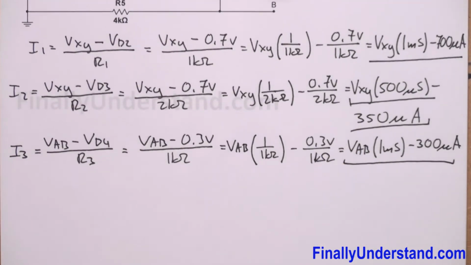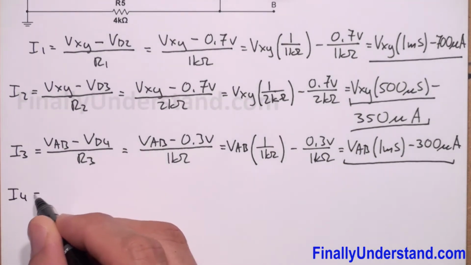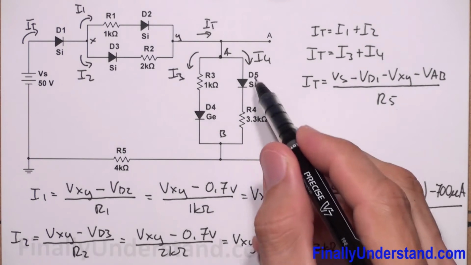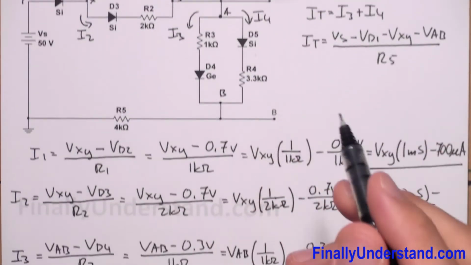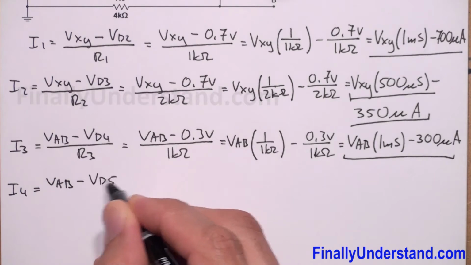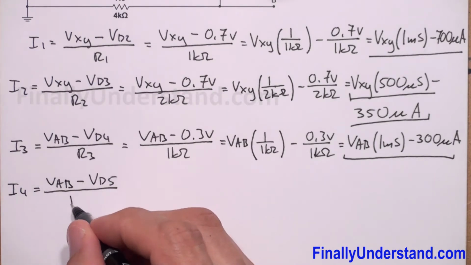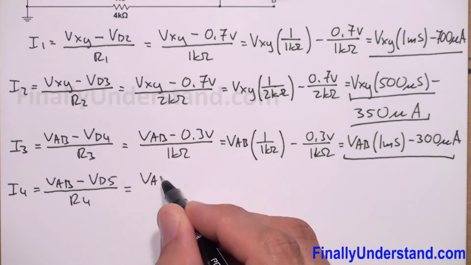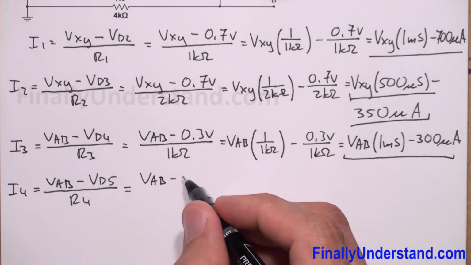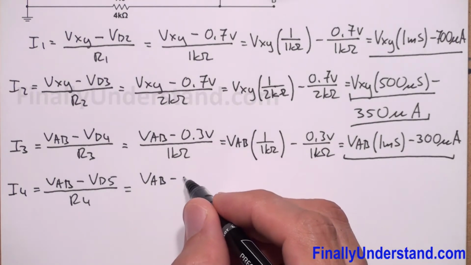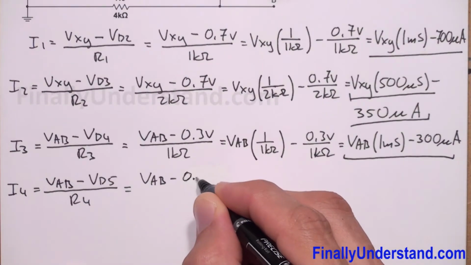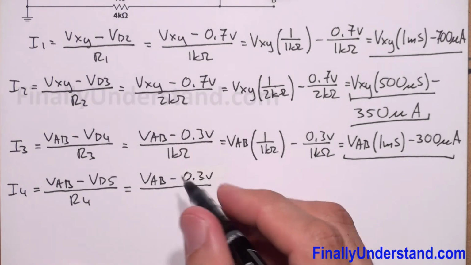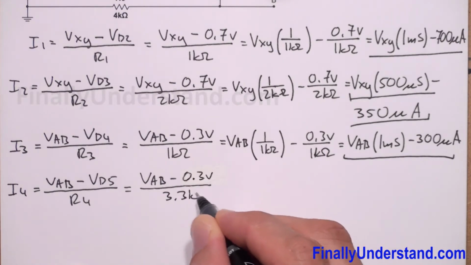Next, I'm supposed to find current I4. I4 is equal to VAB minus VD5 divided by R4. This is equal to VAB minus, diode 5 is the silicon diode, so minus 0.3 volts over R4, which is equal to 3.3 kilo ohms.